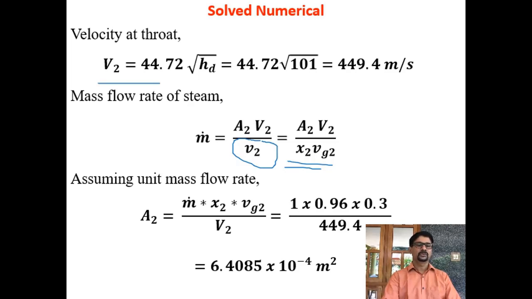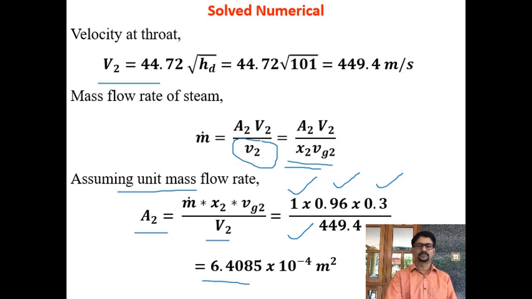Now m is not given, so let me assume unit mass flow rate, m dot is 1, so I can find A2 as m dot x2 Vg2 divided by capital V2. So 1 into x2 is 0.96, Vg2 is 0.3, and the velocity you calculated just now is 449.4 meter per second. So you'll get the area of cross section at throat as 6.4085 × 10⁻⁴ meter square.